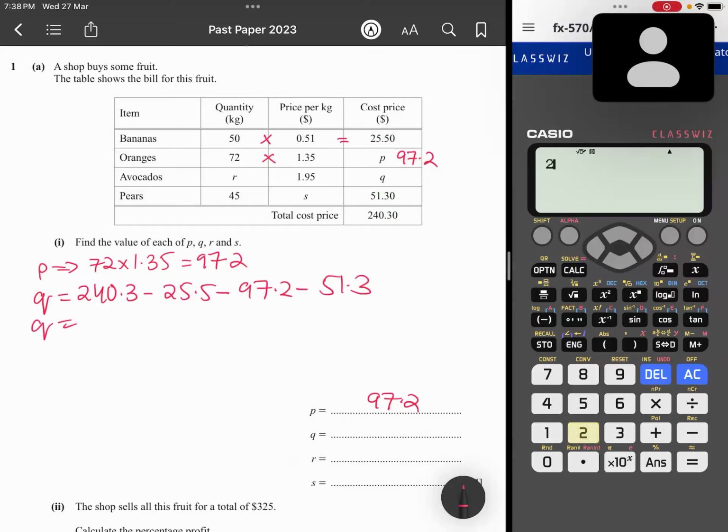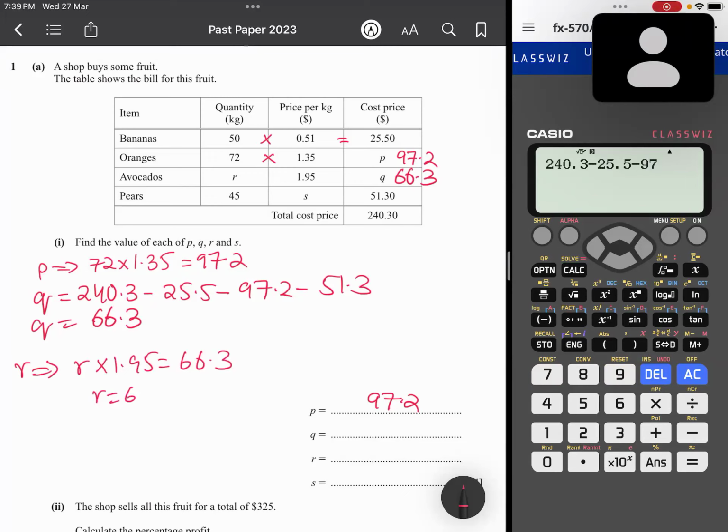So 240.3 minus 25.5 minus 97.2 minus 51.3 gives 66.3. So 66.3 is the answer for this one. Okay, avocados, R is also missing. So for R, we know that R multiplied by 1.95 would be equal to 66.3.